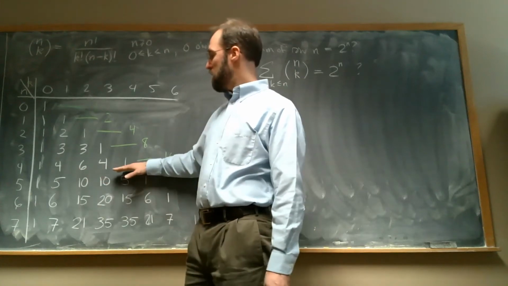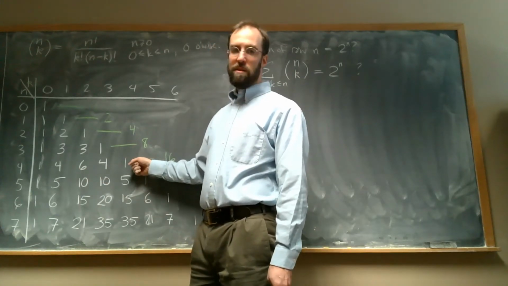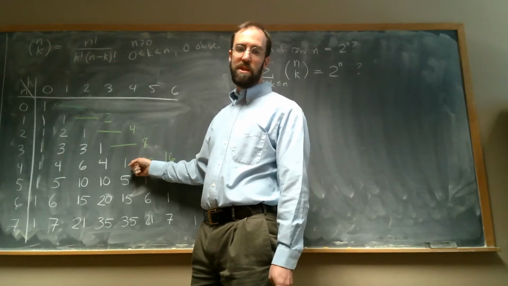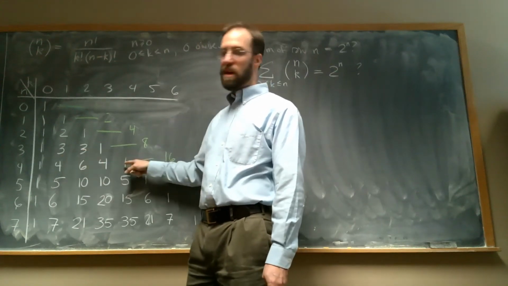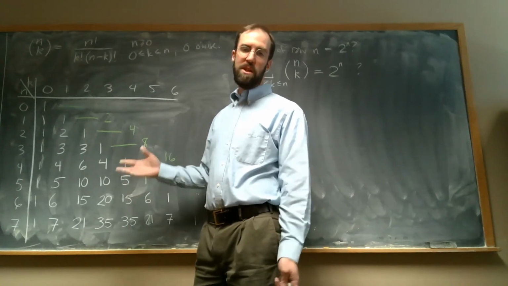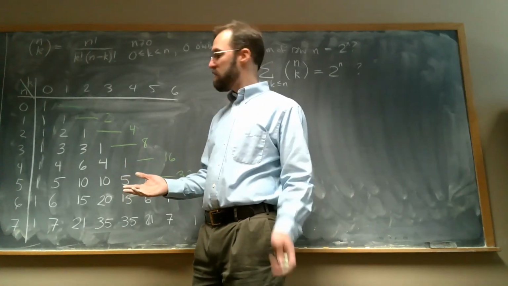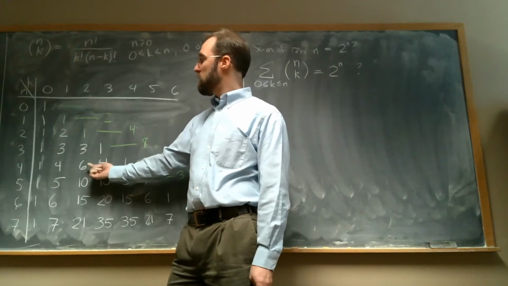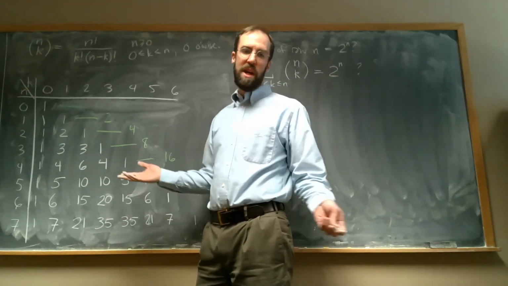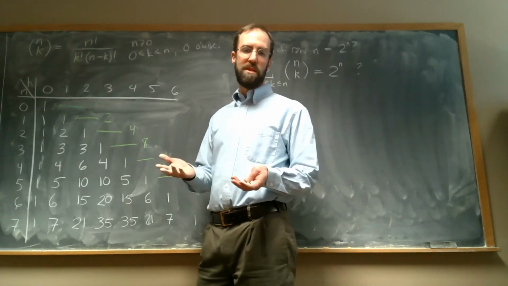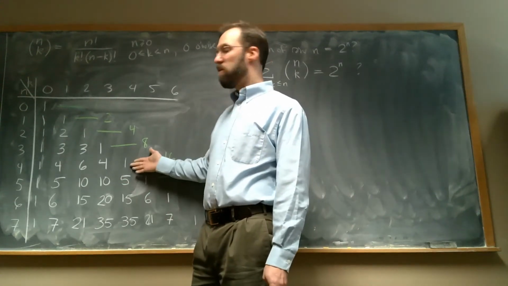And if we think about this, if we take a set of size 4 and we look at every possible subset, each one gets counted exactly once in here, right? Because each subset has a size, and it's going to show up in the count for subsets of that size. These don't overlap at all because we can't have a subset that has 2 different sizes at once. And these cover all the possibilities, right?